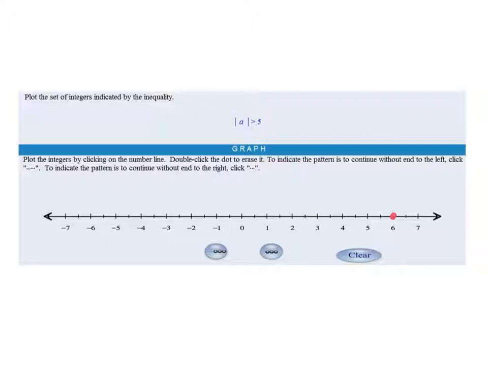So 6 is the first one I can plot, and 7, and everything to the right of that. But because A might have been negative, and I have numbers on the left side of my number line that are greater than 5 units away, then I have to put dots on this end too. And again, I can't use the negative 5 because it's not an or equal to. And then I would say all the numbers to the left of that.